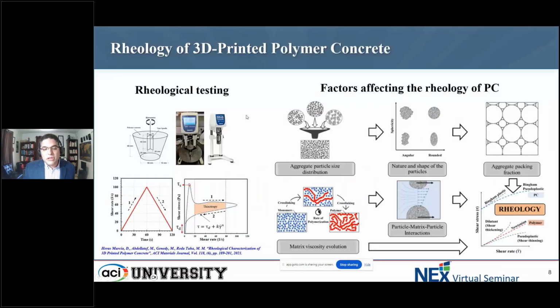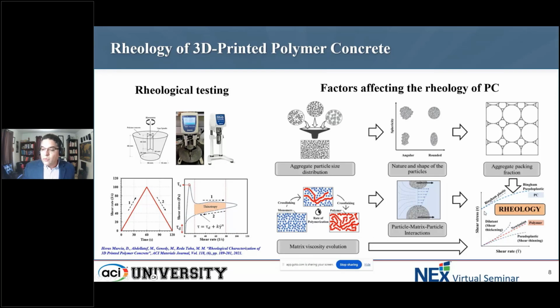The next step is to do rheological testing of the material. The idea is to determine exactly what the rheological behavior is, understanding the flow. We're explaining here the different factors affecting the flowability or rheology of polymer concrete. For example, the effect on the matrix itself, because when we do nano-modification, that could affect the cross-linking of the material, and can affect the viscosity and the viscosity evolution.